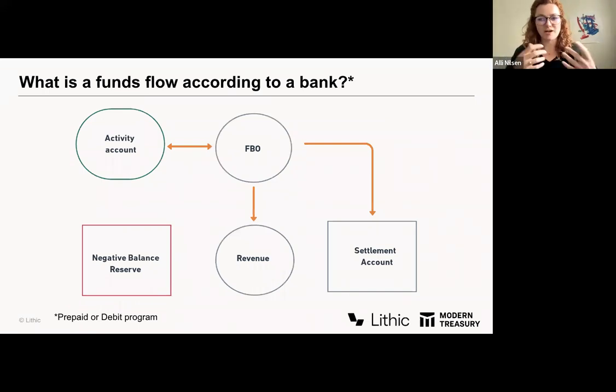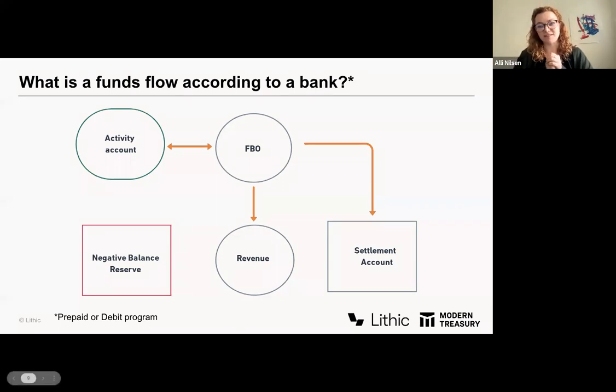As Sajil mentioned, you'll have to open an FBO for any prepaid or debit model, which is what I want to talk about, because this for benefit of account is where I, at the beginning of Caitlin's example, am putting my $15. Again, the bank doesn't see it necessarily as just Allie's $15. So even though you have these individual ledgers for the cardholder, the bank wants to see it at a holistic level.